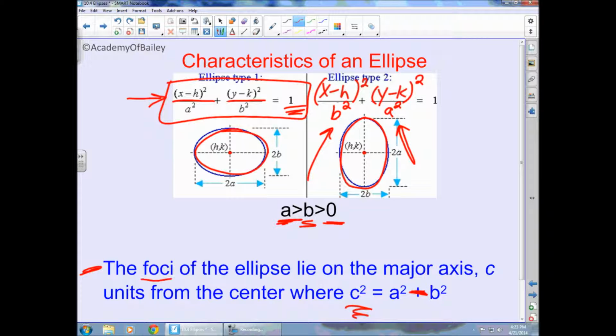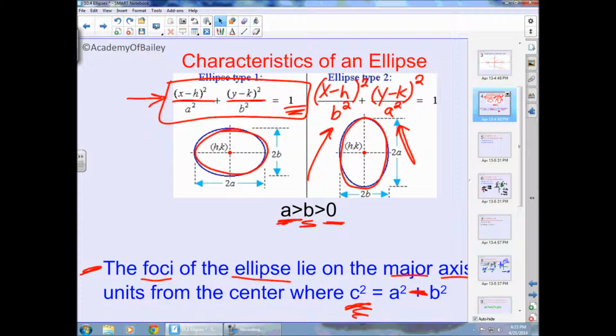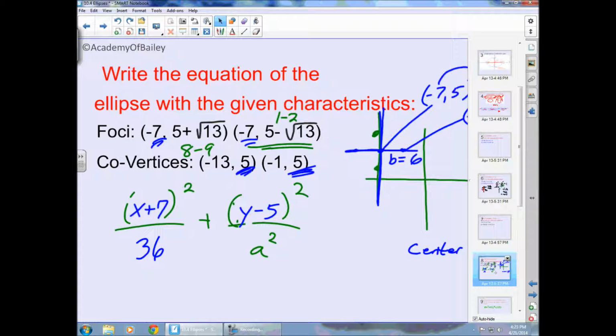Down here at the bottom, the foci of the ellipse lie on the major axis, c units from the center. So the foci is c units from the center, where c squared is equal to a squared minus b squared. So let's go back to our work and let's look at that.